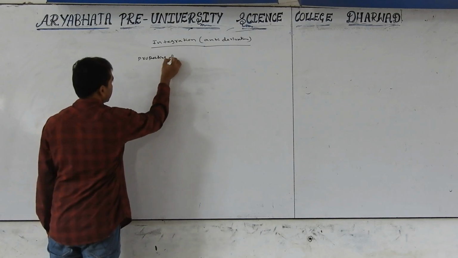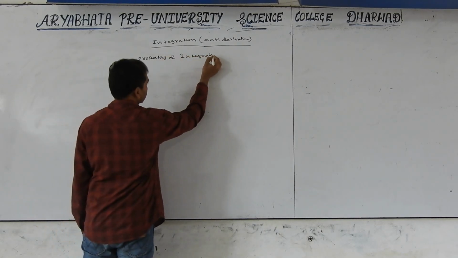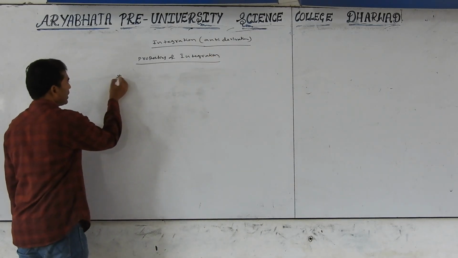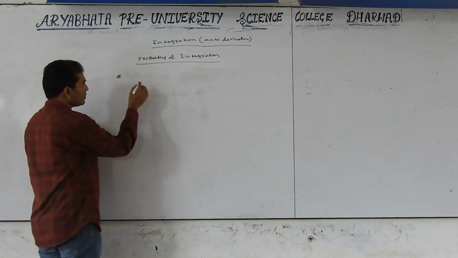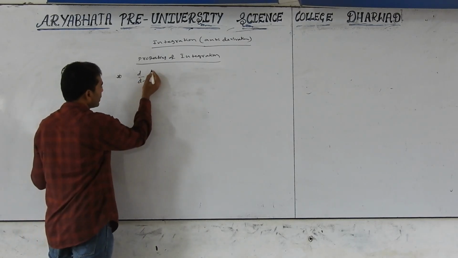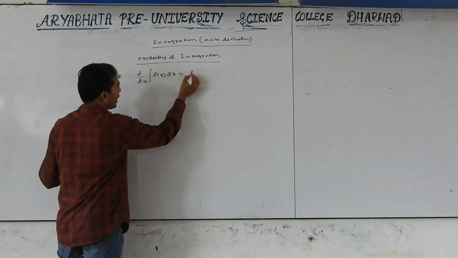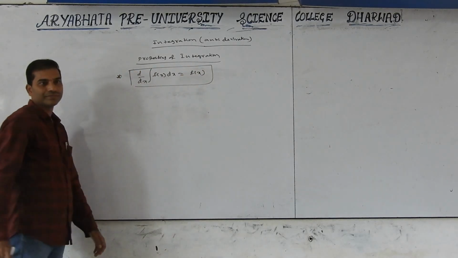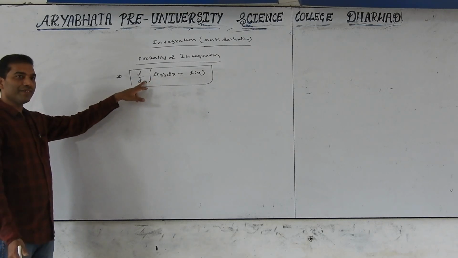Properties of antiderivative, properties of integration. The first property: d by dx of integration of f of x dx equal to f of x, because integration and derivative undo each other.